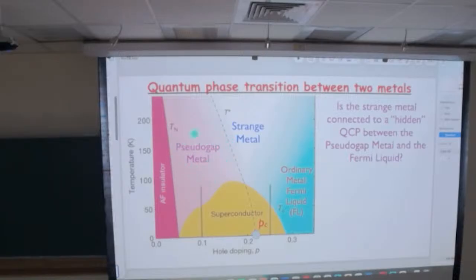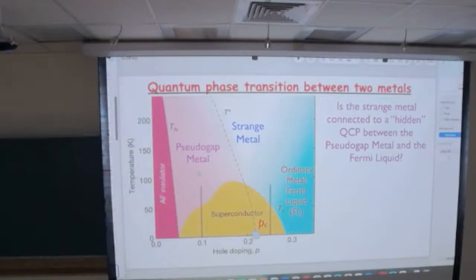And towards the end of my talk, I'll show you a whole bunch of experiments on this metal. But right now, let me just proceed by saying that this is a metallic state where, again, the Fermi liquid theory doesn't work. But it's not like the strange metal where there's this Planckian relaxation. Here, the relaxation is actually much slower, and it's more like a Fermi liquid, but many of the details are not like a Fermi liquid.